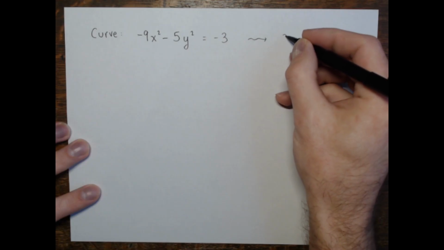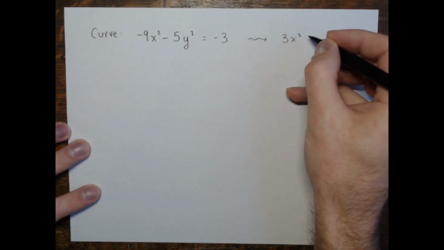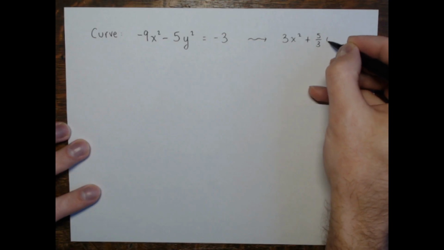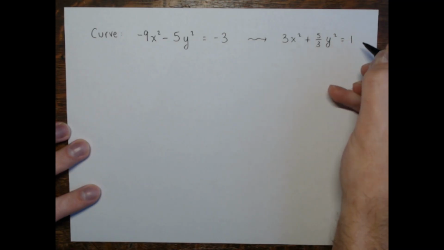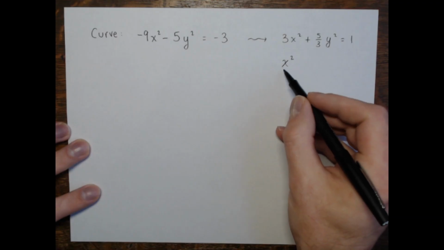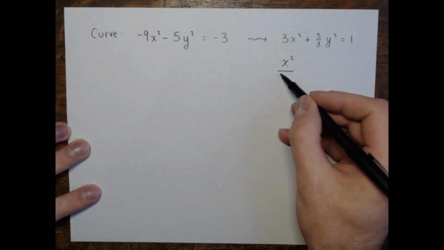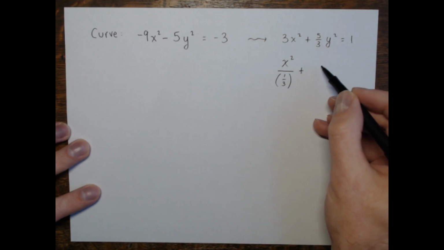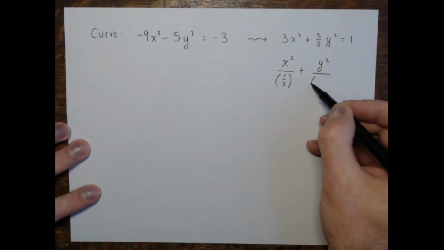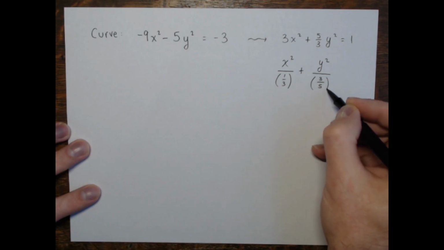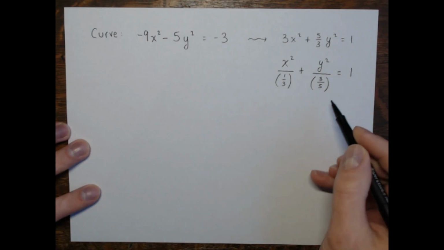We'd have positive 3x squared plus 5/3 y squared equals 1, and then rewriting this in the standard form for an ellipse, this is x squared divided by 1/3 plus y squared divided by 3/5 equals 1.